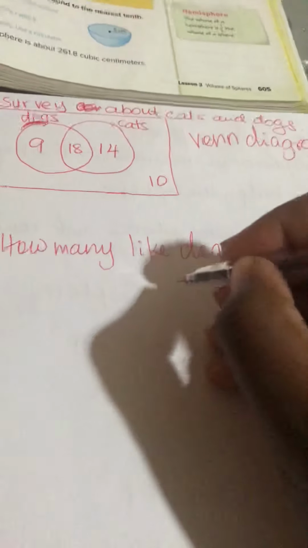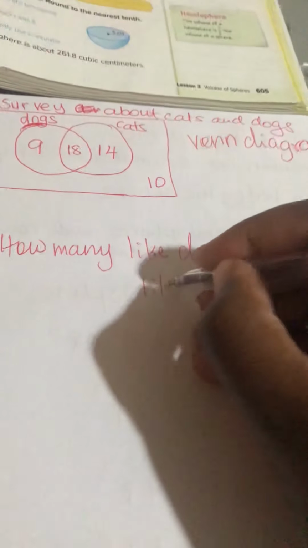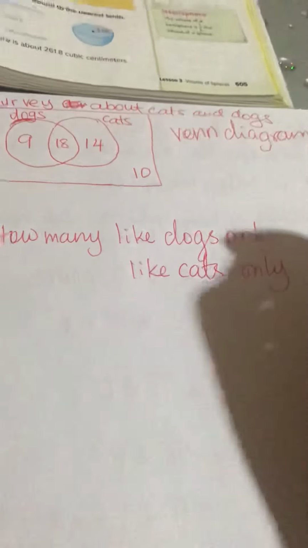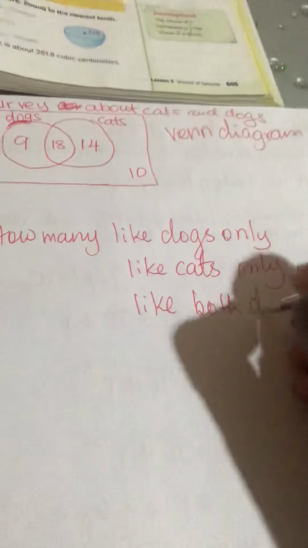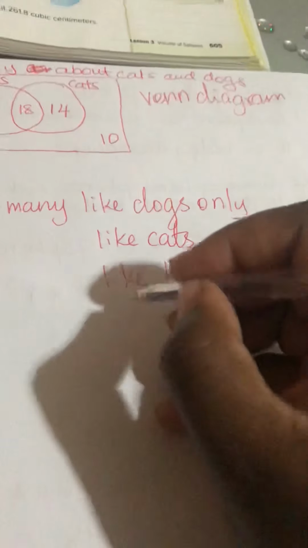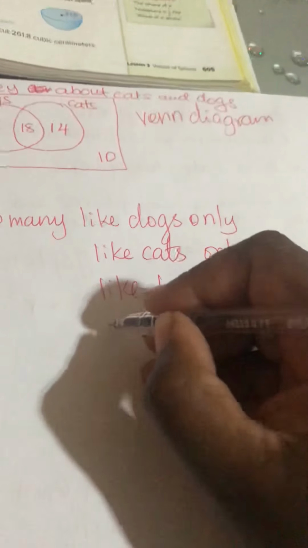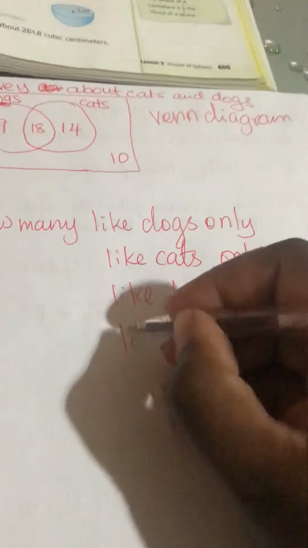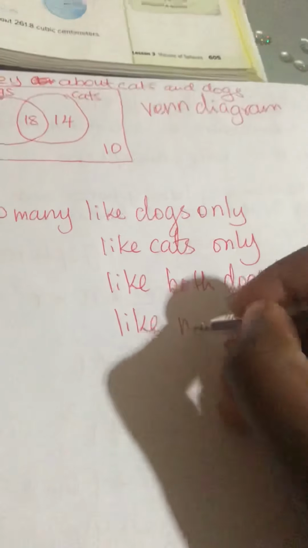How many like cats only? How many like both dogs and cats? How many like neither?